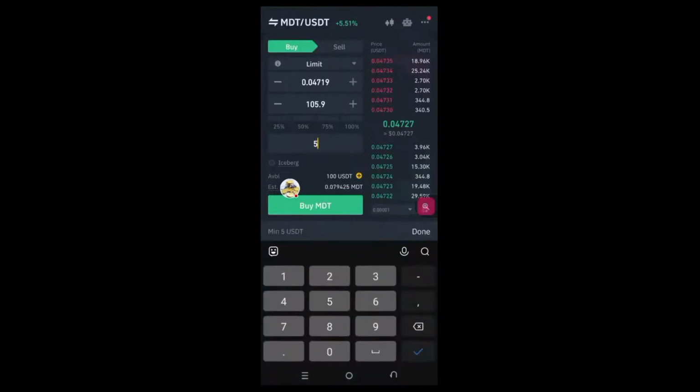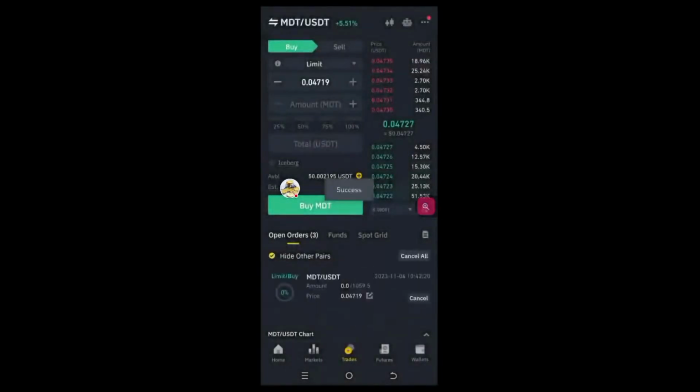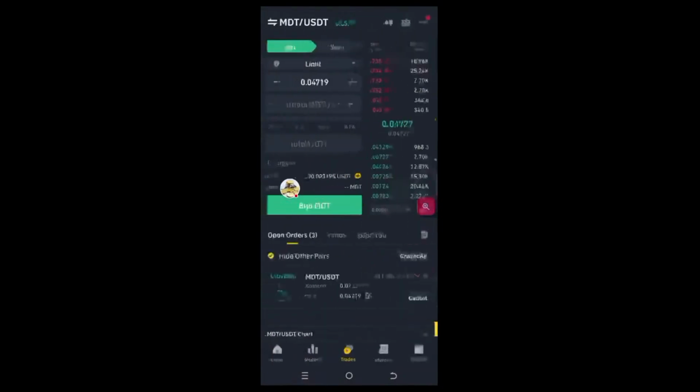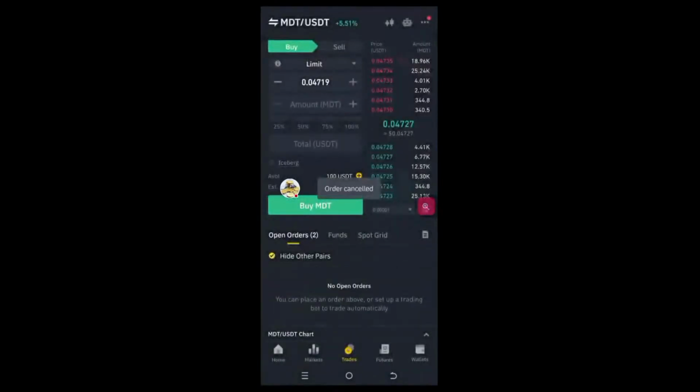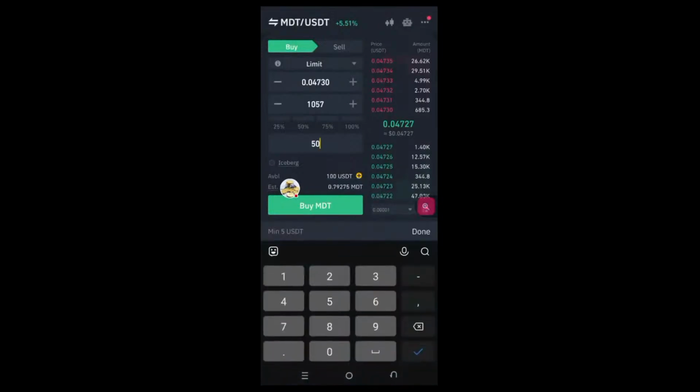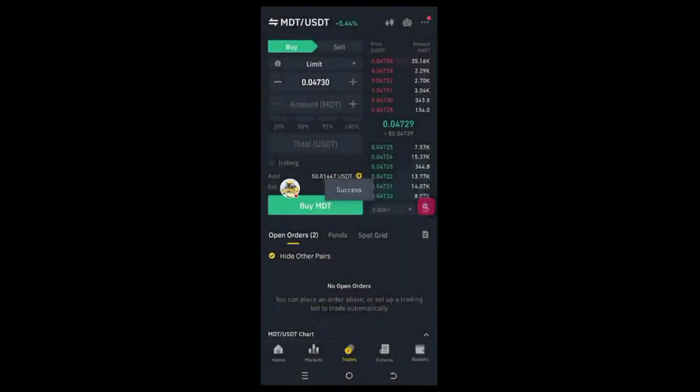So anyway, we don't have a choice right now, so let's just go with it. Come on, what's going on here? I think it's because it went up again. Oh yeah, it's actually in going up mode. So I think we just have to pick up the higher one. Let's just put $50 in there. It's actually gonna go. Let's go with that. Yeah, bought already.